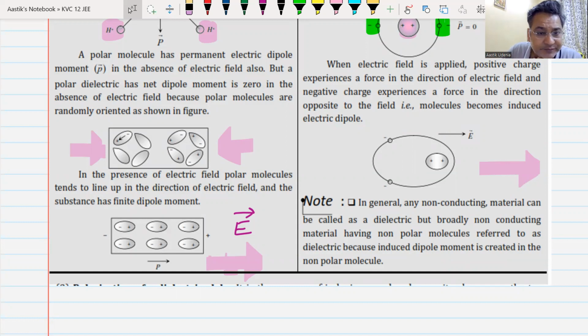Do we understand this? This phenomena is known as polarization, and that is going to be our next heading, polarization.